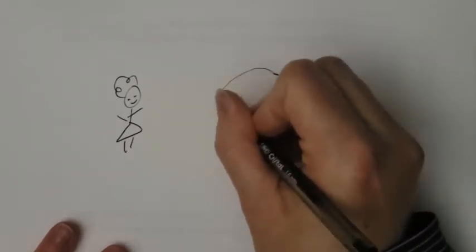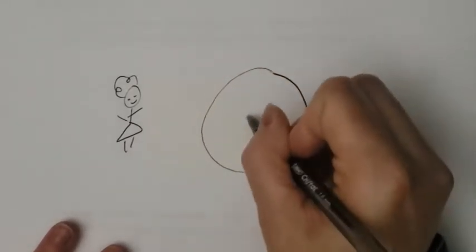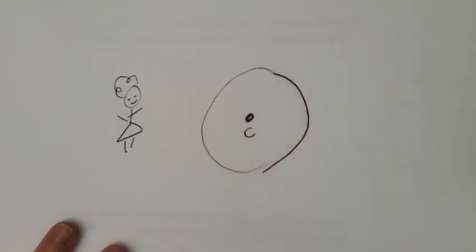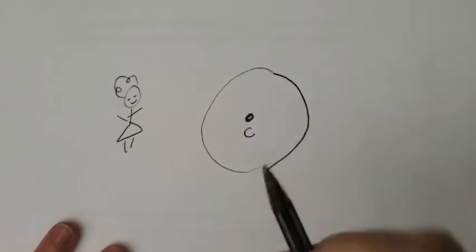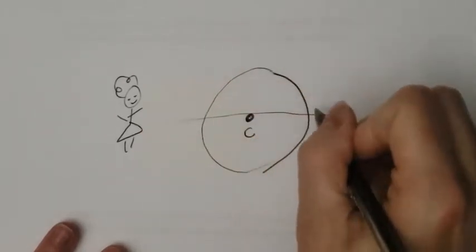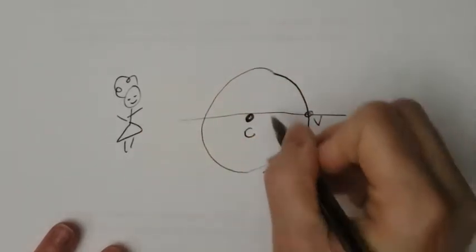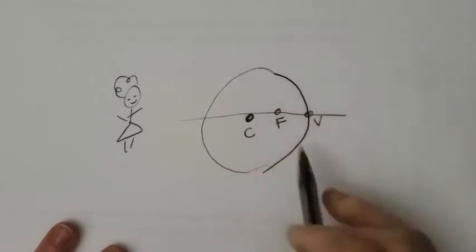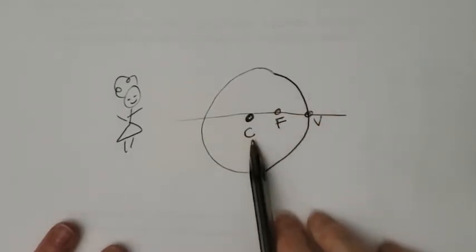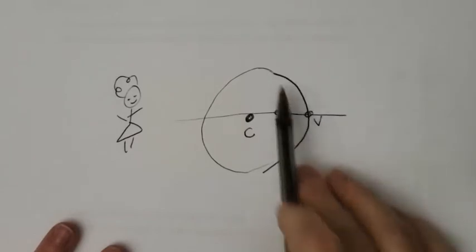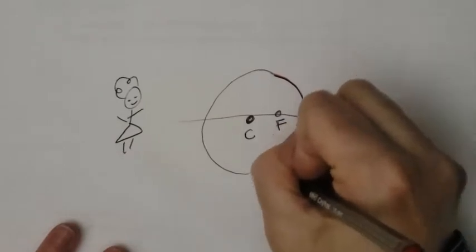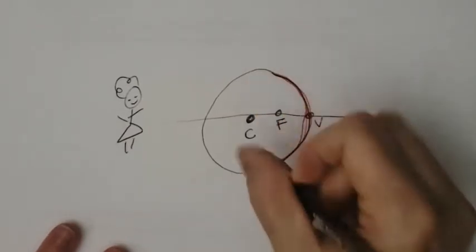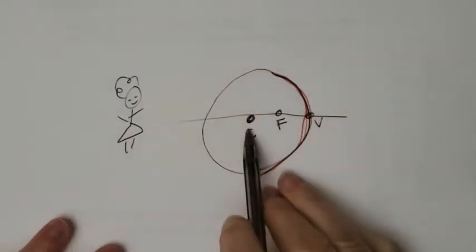Now, if this were drawn, which is a terrible circle, as a full circle, the center of the curvature would be there, and then halfway between the center curvature and the edge, which when it crosses with the principal axis, that's the vertex, is the focal point. So the focal point's always halfway between the center curvature and the vertex. And in a concave, I'll just draw that in a different color so you can see it. This is a concave mirror. The center curvature would always be on the left.